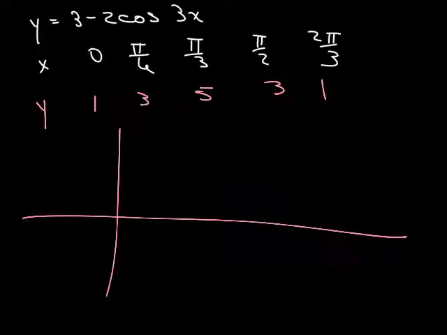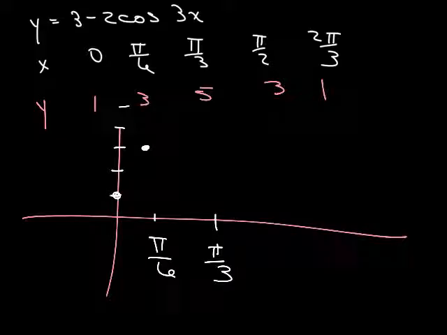So when x is 0, y is 1. When x is pi over 6, y is 3. When x is pi over 3, y is 1, 2, 3, 4, 5-ish.